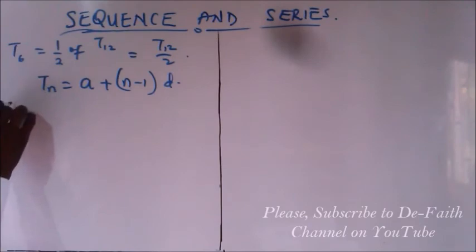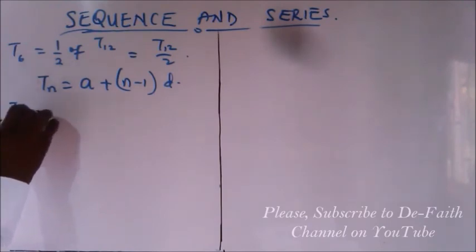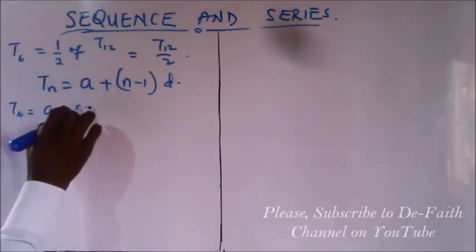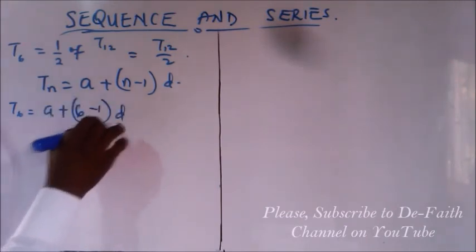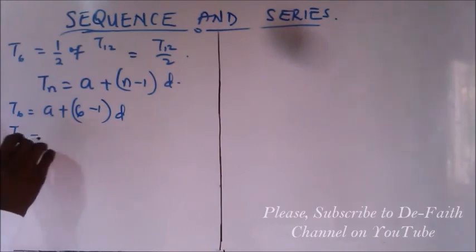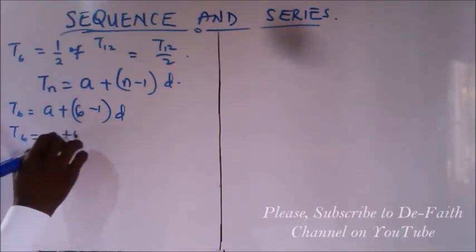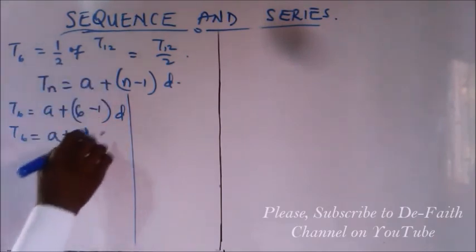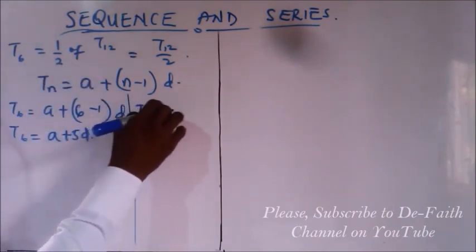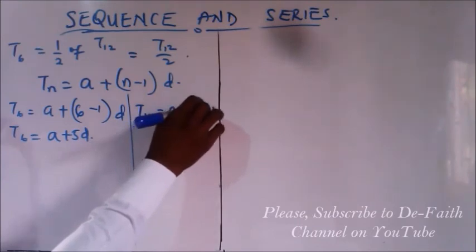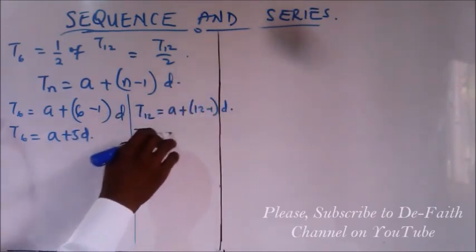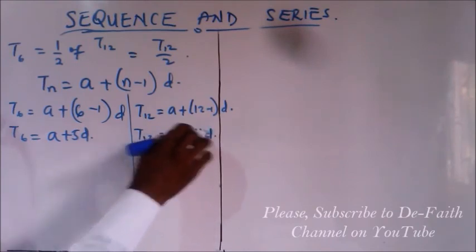Next, T6 equal to A plus n, which is 6 minus 1, into bracket D. And so we have T6 equal to A plus 5D. And for the other one, that is 12th term equal to A plus 12 minus 1 into bracket D. So we have T12 equal to A plus 11D.